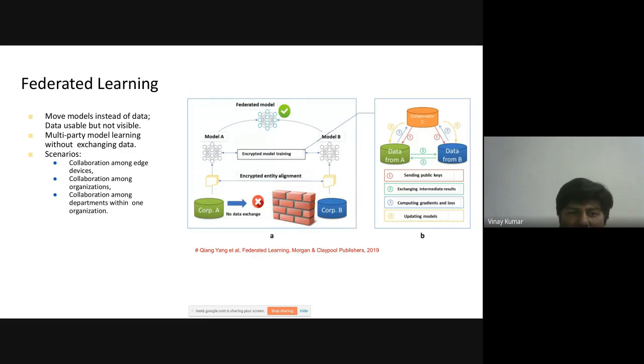So you can consider the right side figure. Okay, a general distributed machine learning approach is discussed. Here, locally computed results are shared among the parties in an encrypted form, right?